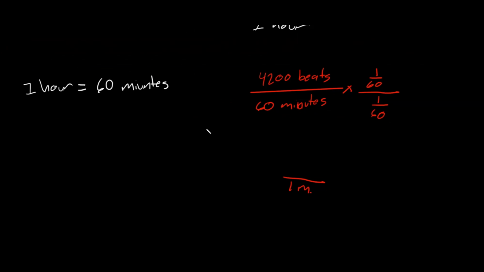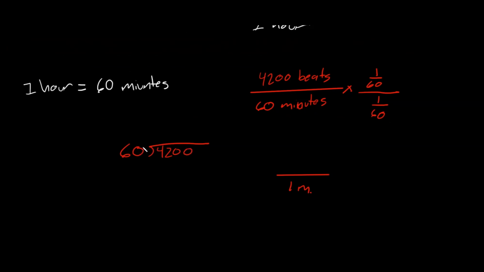And then the numerator, we're going to have to divide 4,200 by 60. So we can see 60 into 4,200.